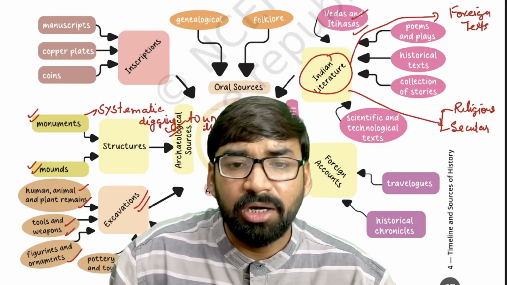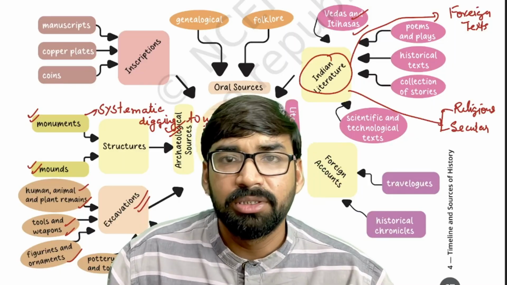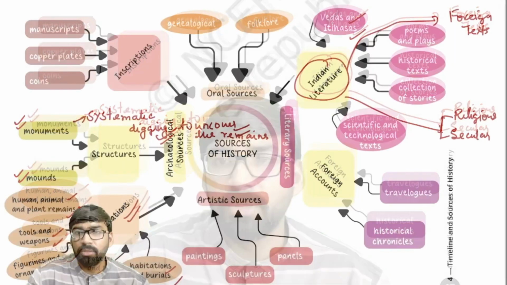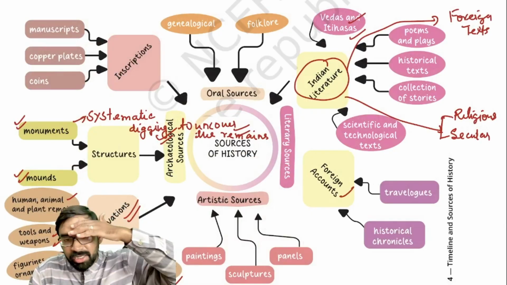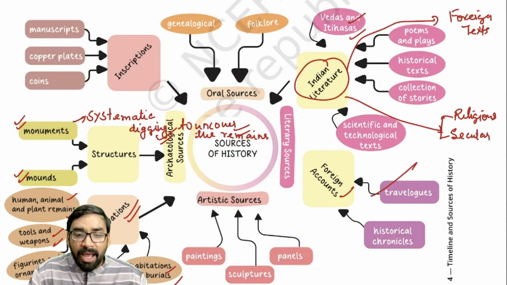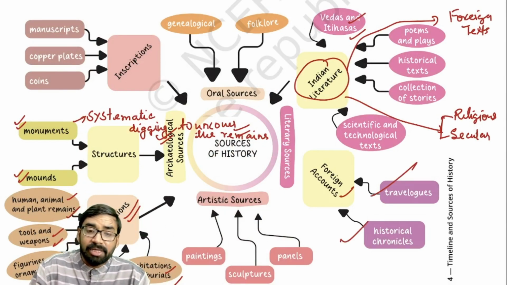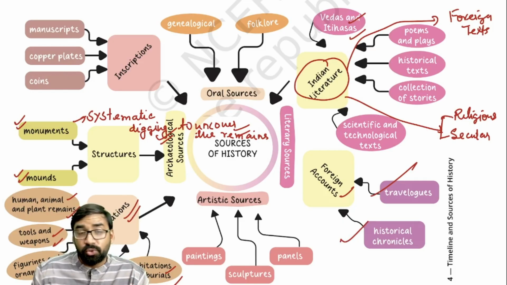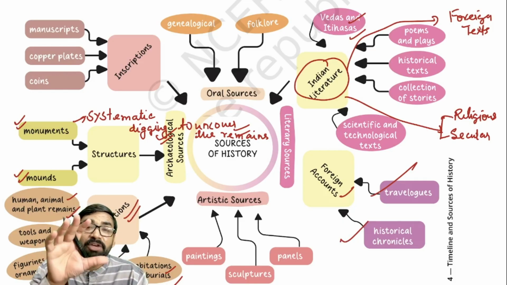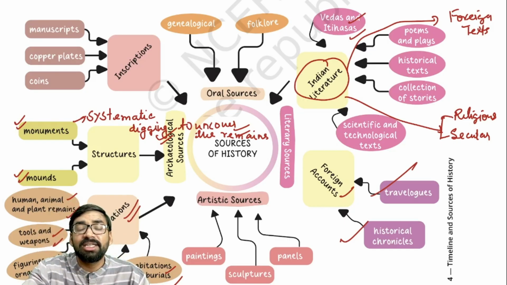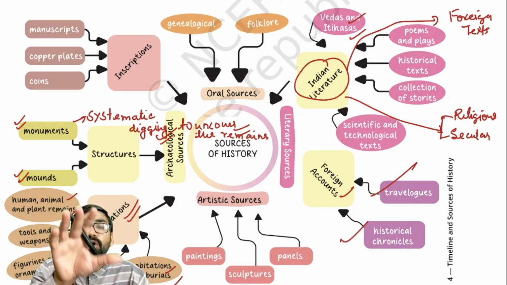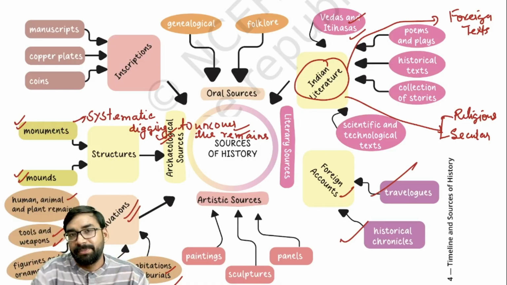So, as you can see here on your screen, the foreign accounts or foreign sources are written by travelers and historical chronicles. For example, in Chandragupta Maurya's court, there was a Greek ambassador whose name was Megasthenes, who wrote a book, Indica, which is considered the primary source for the Mauryan Empire.